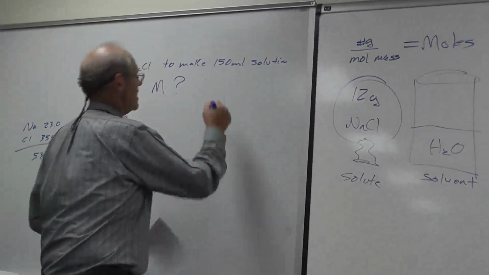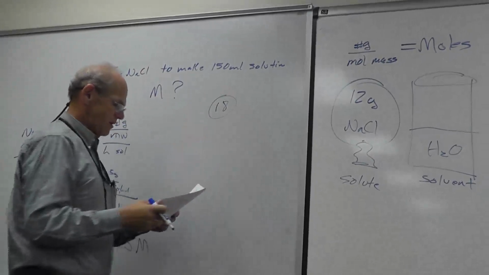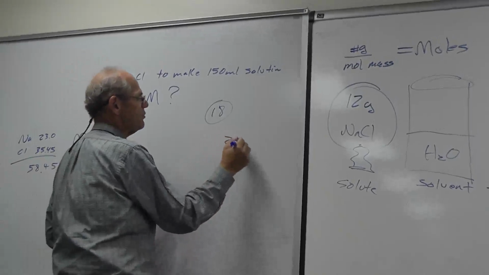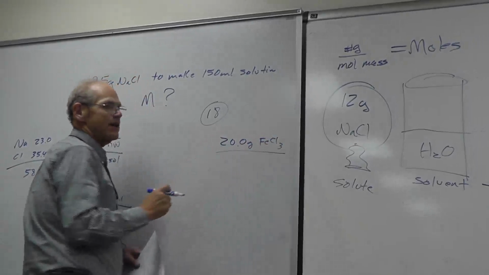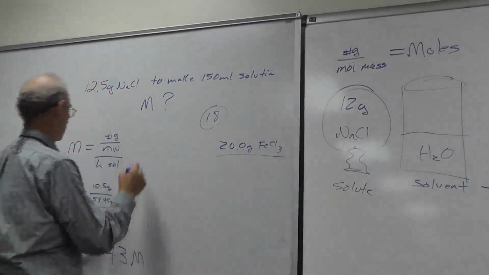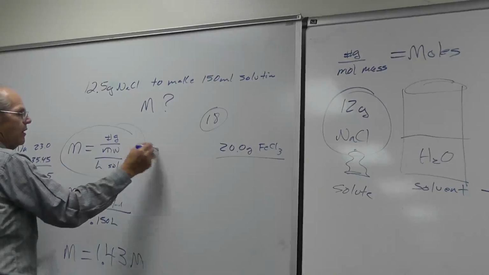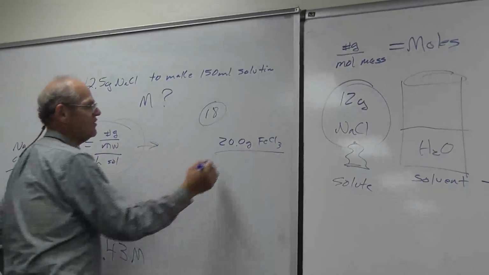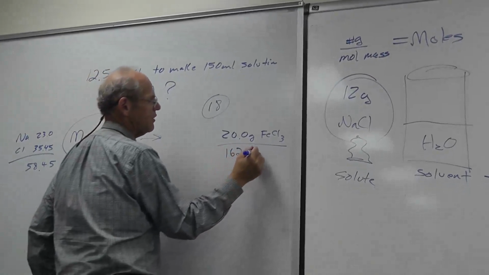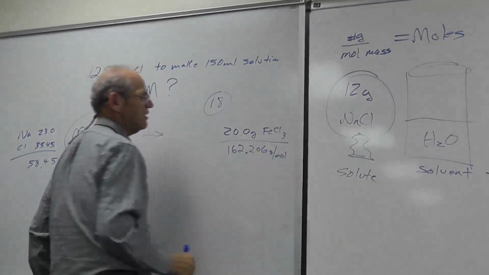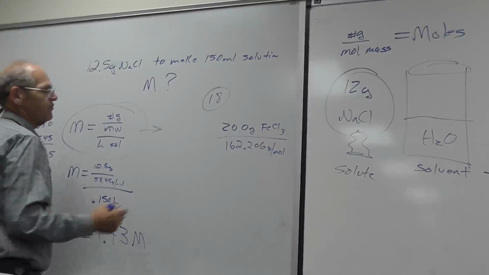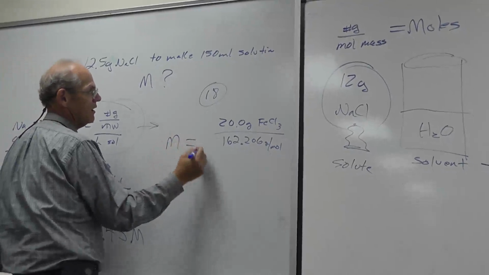So if you look at number 18, okay, you got 20.0 grams of FeCl3. Did anybody calculate what the mass was? 162.206 grams per mole. Okay, I'm using this formula, so I'm just substituting in.